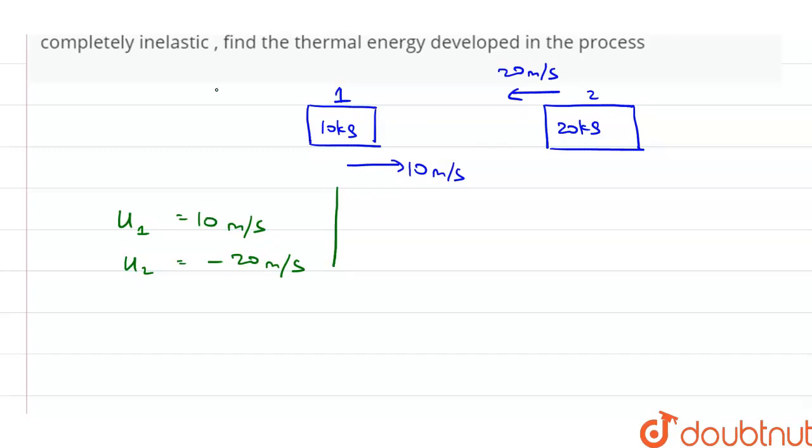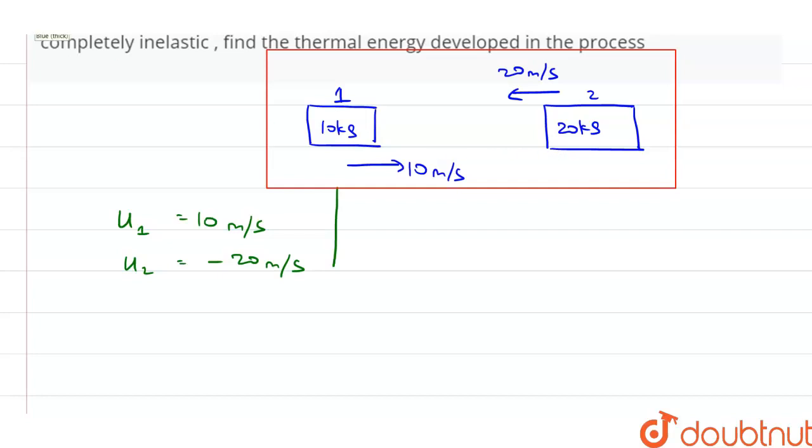The initial momentum of this system, the whole system, let's consider both the masses to be part of the system. Then the initial momentum is equal to the summation of mass into velocity.